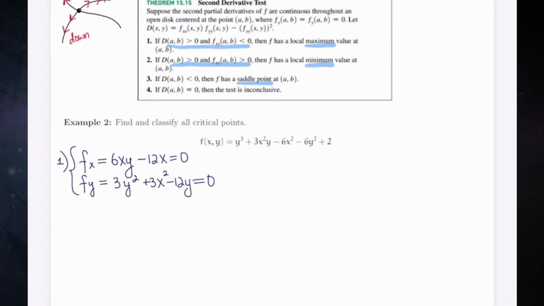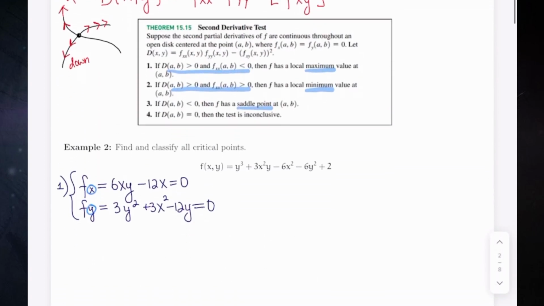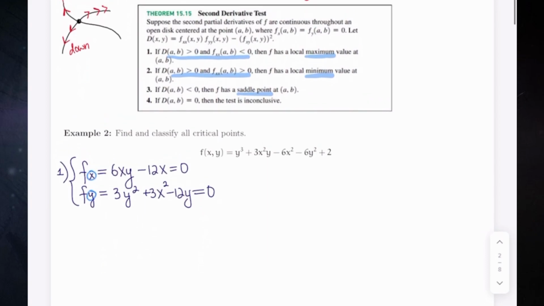Okay, so that's the system I need to solve, with respect to x and with respect to y. All right, how do we go about it?